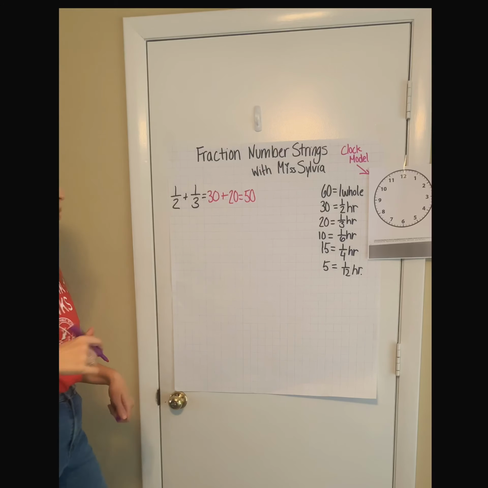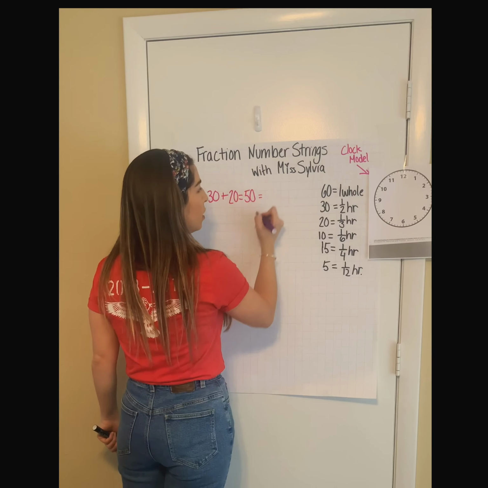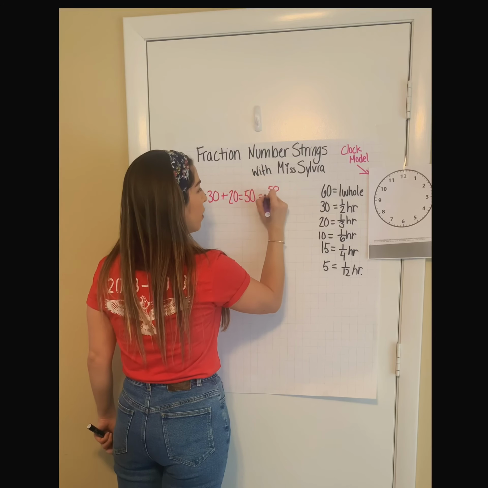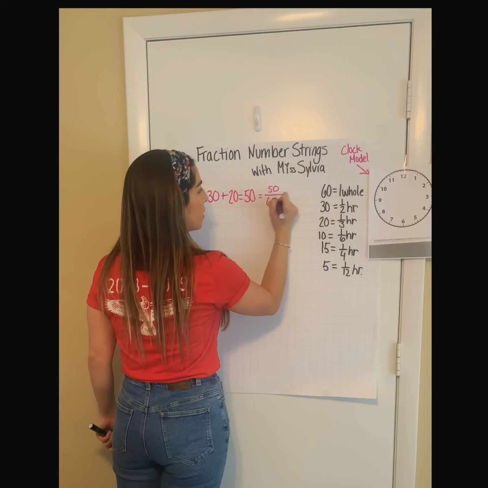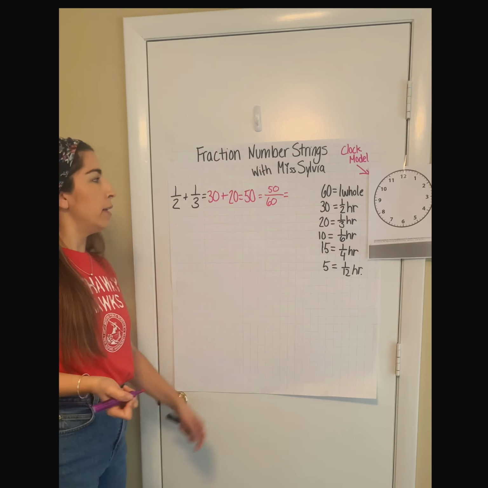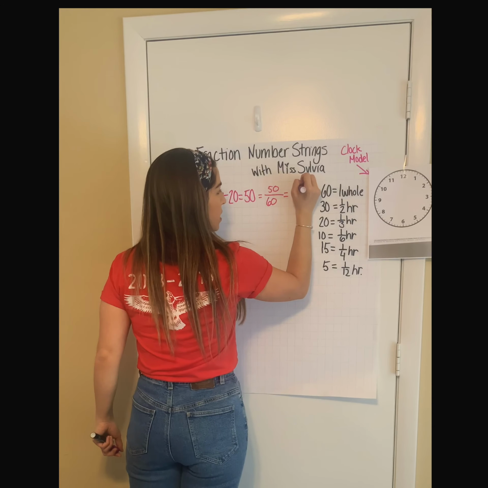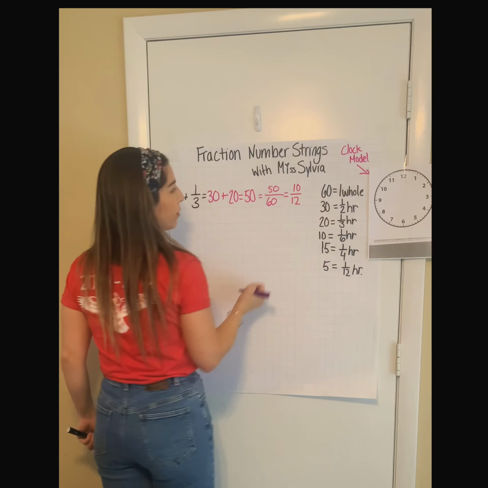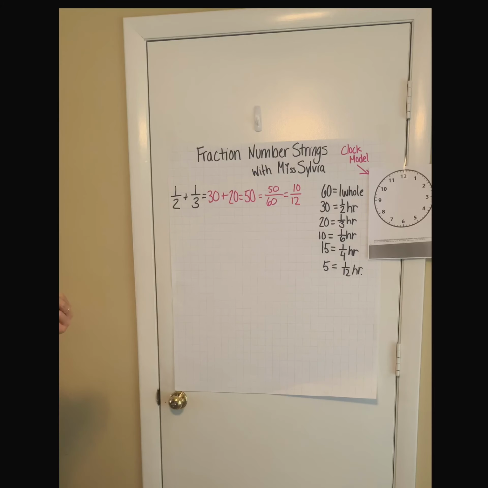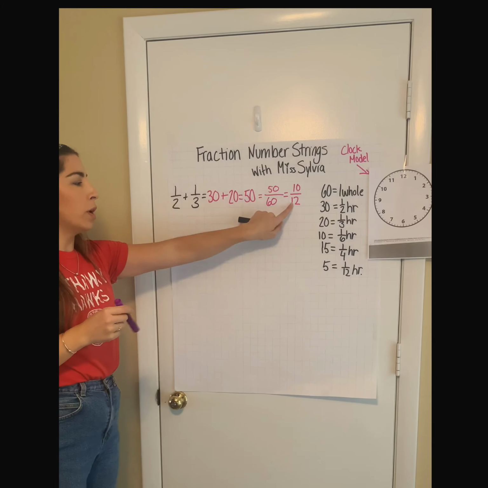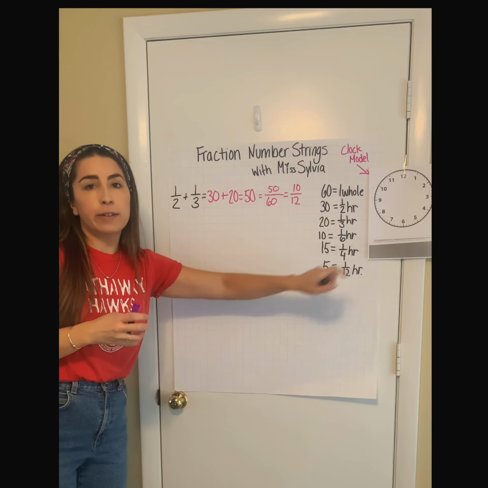Now to convert that back into a fraction, we know that it's 50 minutes out of the whole, which is 60. And we can simplify that to 10/12. It can be simplified more, but we're gonna work within what our key says today, okay?